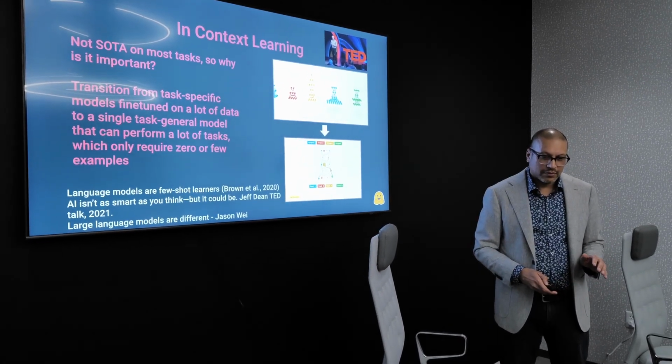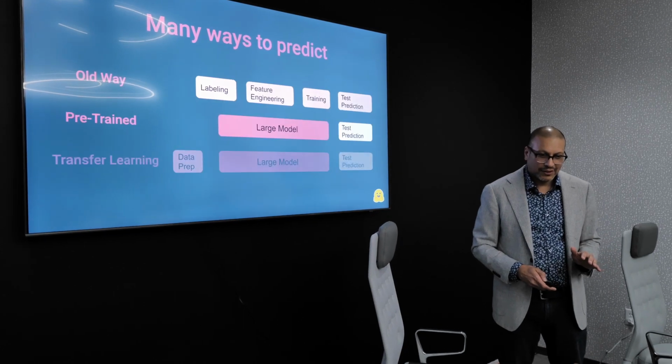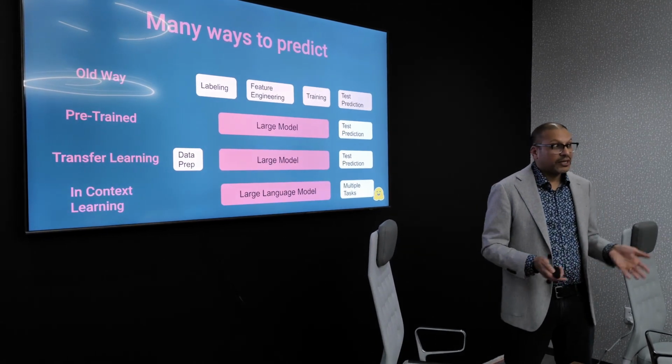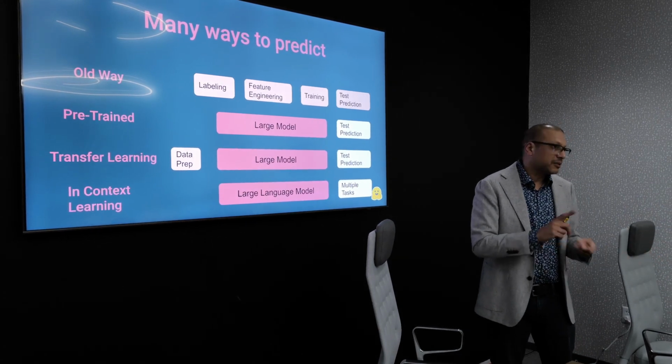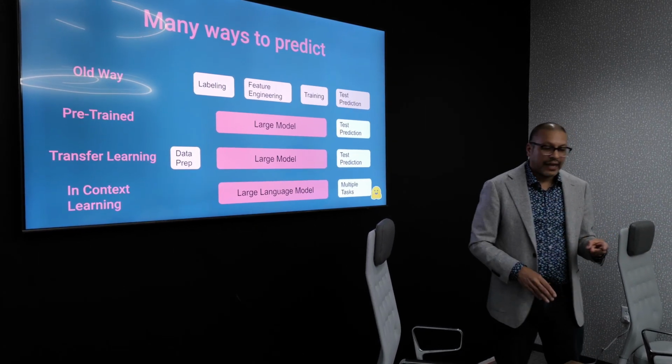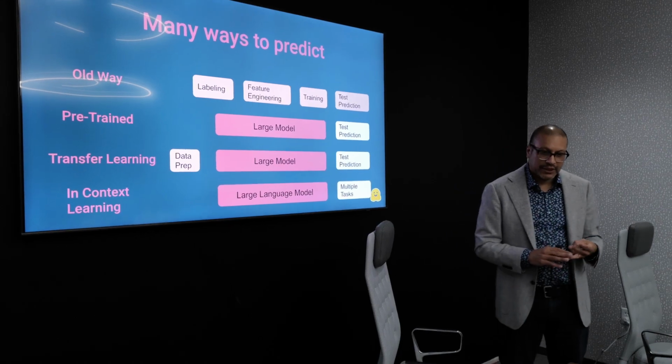So, here's my final slide. That's what I wanted to give you: lots of different use cases we could think about, semantic search, document AI, and some of these other ones.